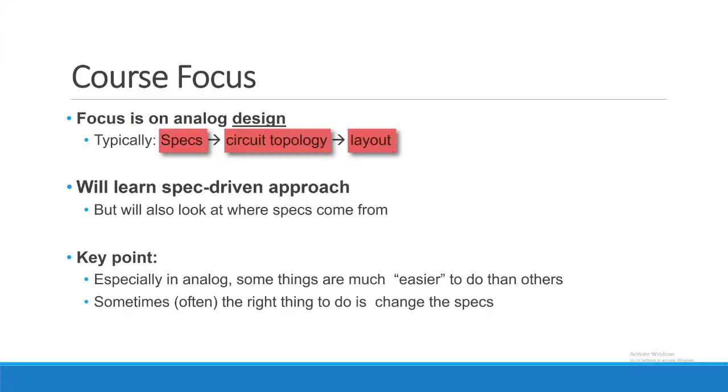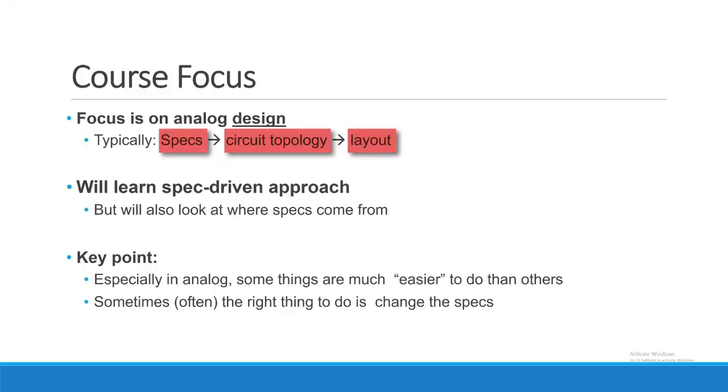So again, in most design courses, this is the typical flow that you'll learn, and we will indeed cover that, meaning I hand you a set of specs and you figure out how to build something that meets that set of specifications. But what we'll also do is look at where those specs even came from in the first place. Because, different than probably most of the undergrad or even grad level analog design courses you've taken in the past, the key point that I'm going to be making over and over again here is that you shouldn't just take a set of specifications and implement them.